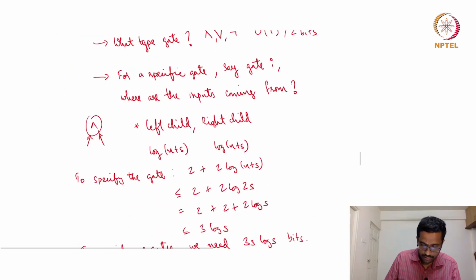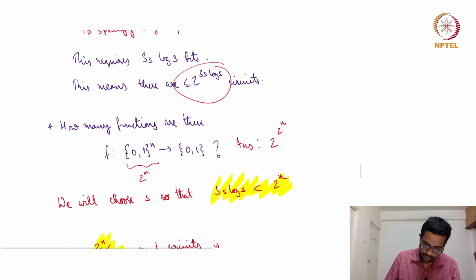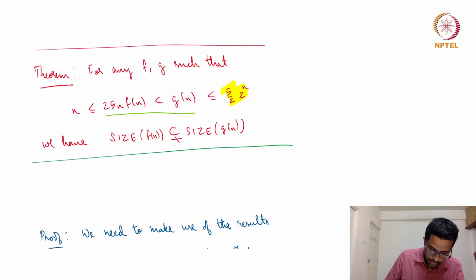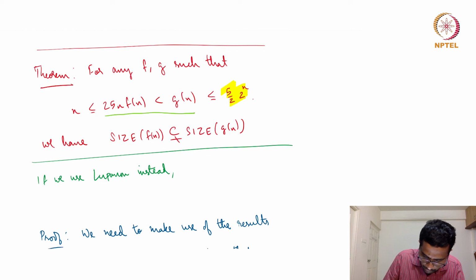So if we use Lupanov instead of the other bound, we could get a better result.